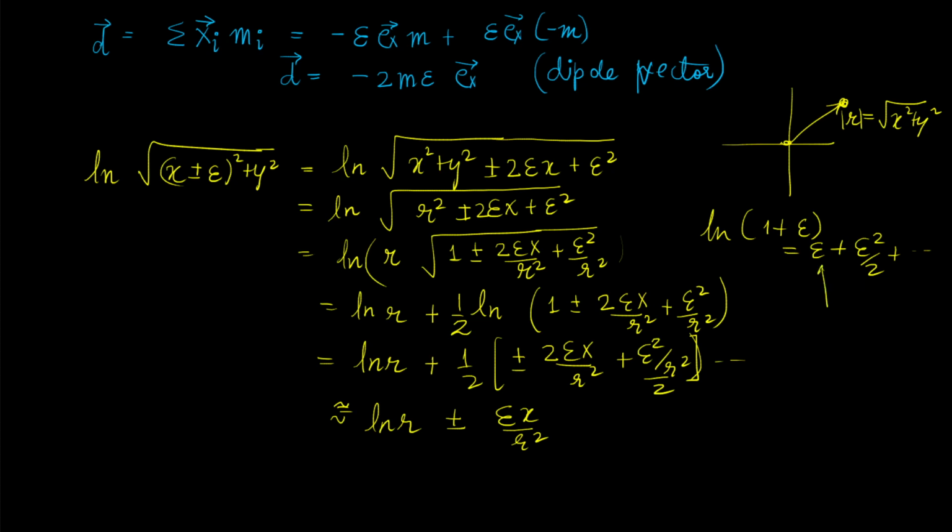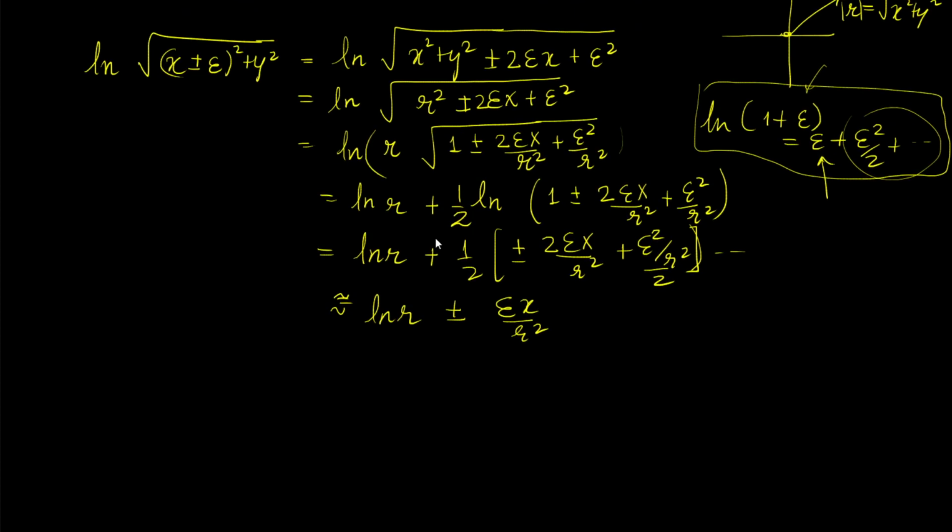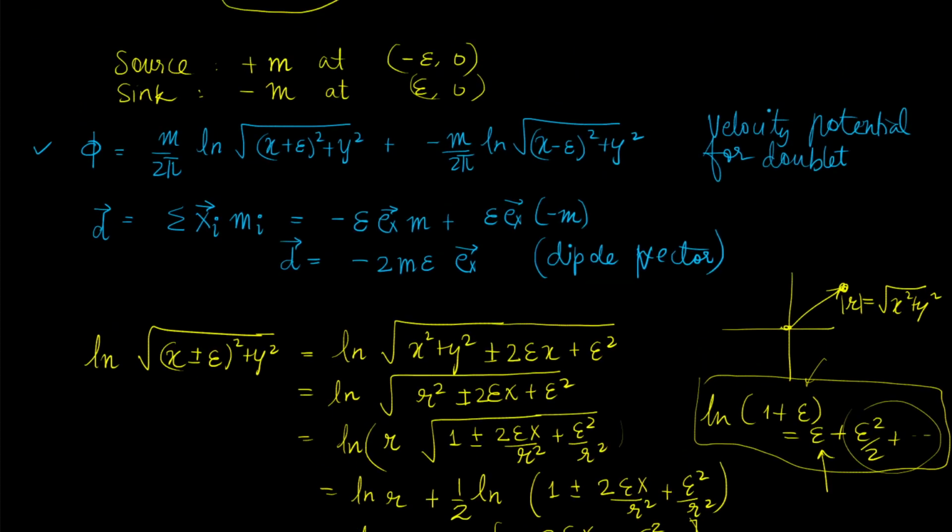That is, this term dominates over all the other terms. Do not be confused with this epsilon, it is just to show the expansion of log of 1 plus x, nothing else. This is something which you might have studied in your class 11 or 12. So the approximation is this. With this approximation in mind, we can write down the velocity potential. So let me copy the expression from above.